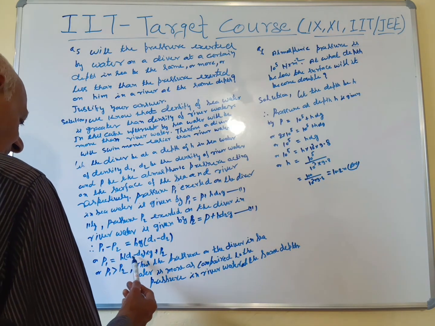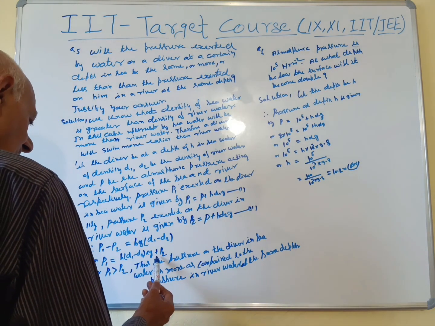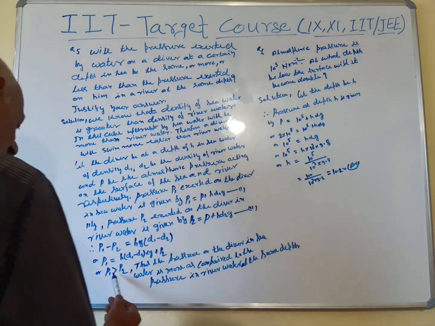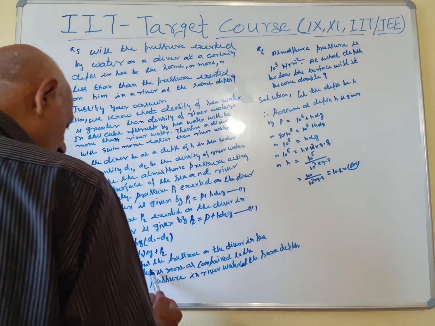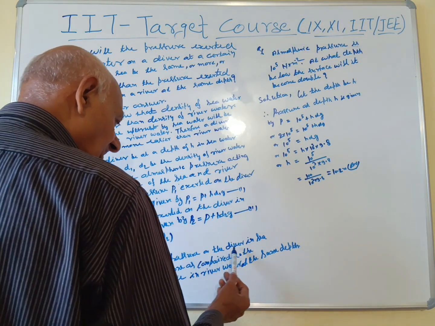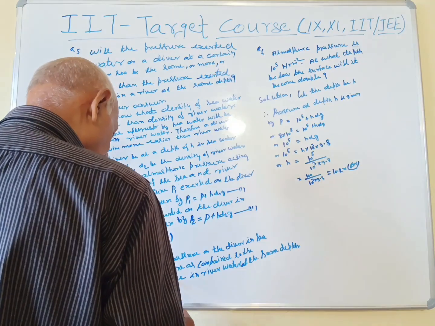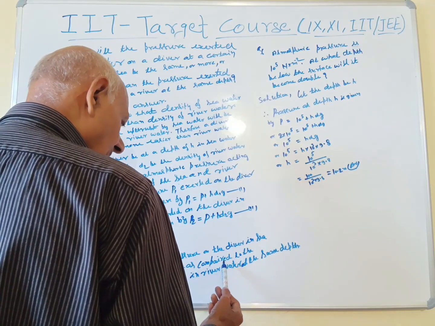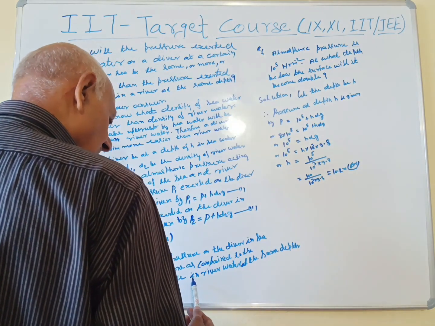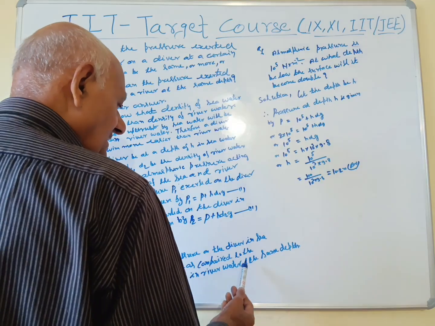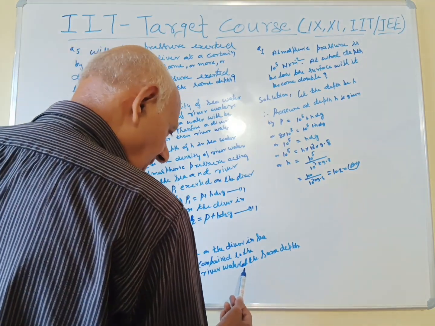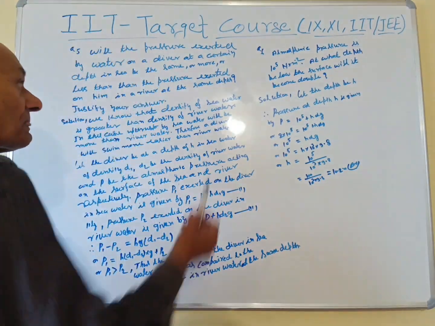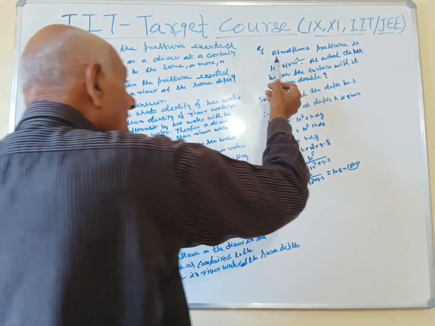Here P1 is greater than P2. Thus, the pressure on the diver in seawater is more as compared to the pressure in river water at the same depth.